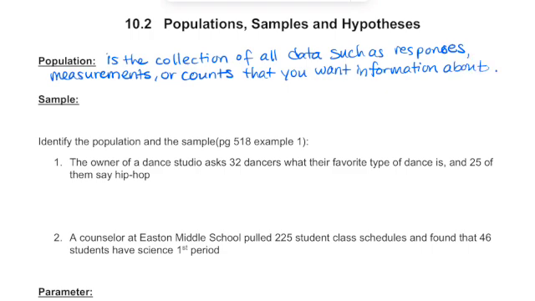A population, though, unless it's small, it's usually impractical to obtain all the population data. So in most studies, information can be obtained from a sample, which is a subset of the population.